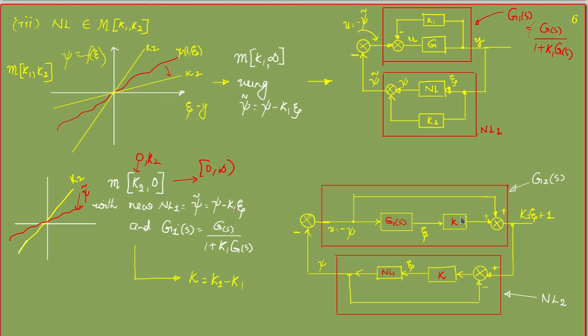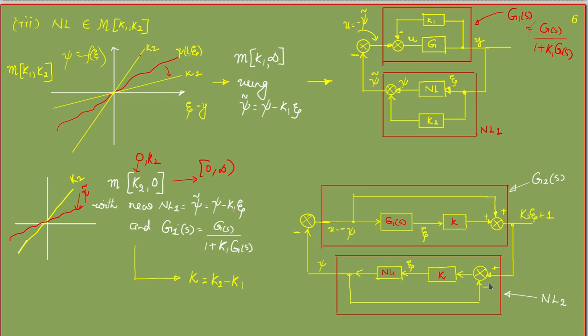Why does this K come here? That means I have to shift this K1. I am already having this shifted one as psi tilde minus K1 of zeta. And then if I want to shift it again, I have to shift again by K1. So I have this K2 minus K1 here as K. So I will get a new K as K2 minus K1. So that is the difference here.